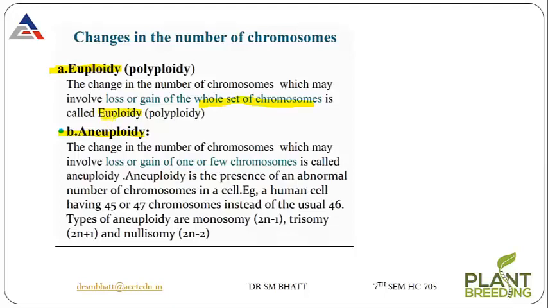You can increase or decrease the sets of chromosomes. Aneuploidy is the gain or loss of one or a few chromosomes, not a whole set, so it gives an odd number, for example 55 or 57. That's why the formulas are given: 2n minus 1 for monosomy, 2n plus 1 for trisomy, and 2n minus 2 for nullisomy.